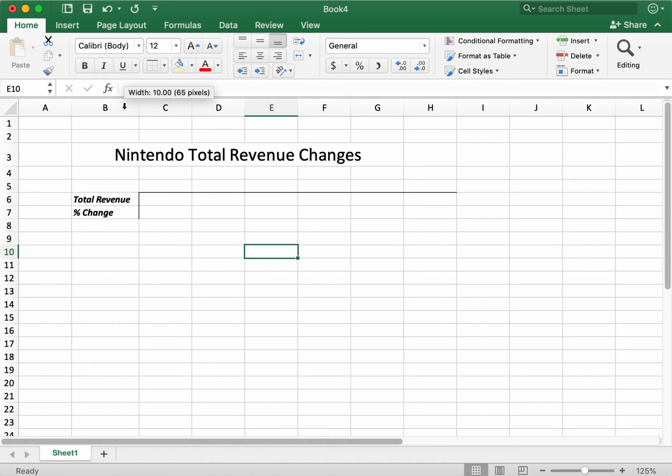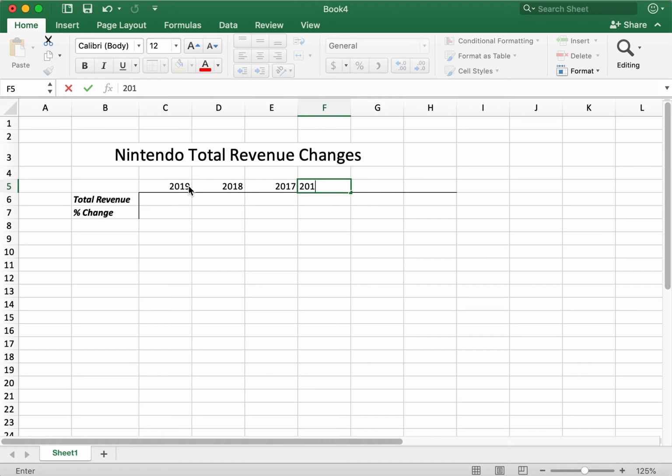Of course, if you have that, just move some room over. There we go. And what were their numbers? Oh yeah, so this is 2019, this is 2018, 2017, 2016.